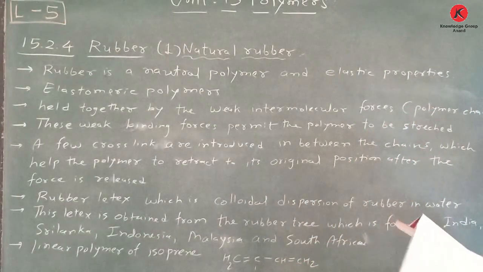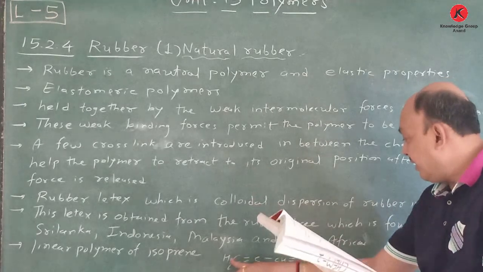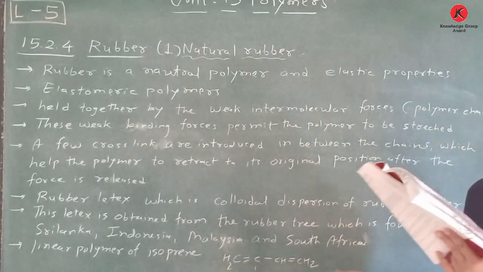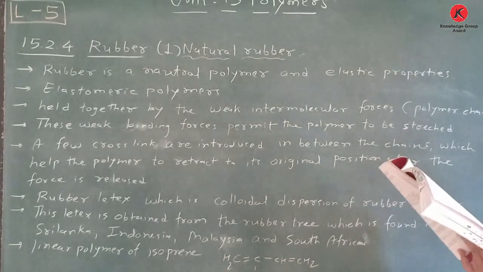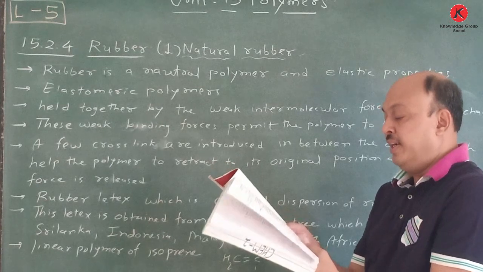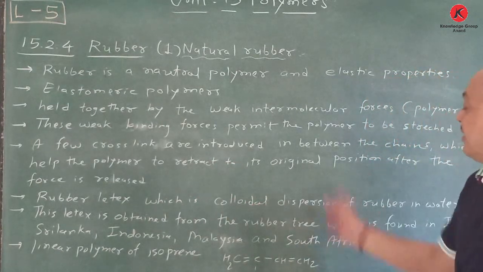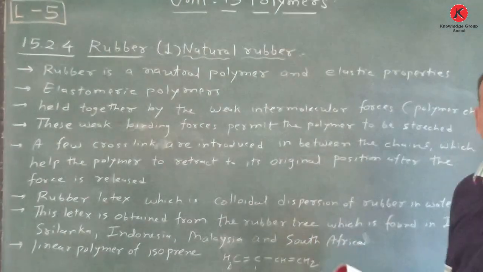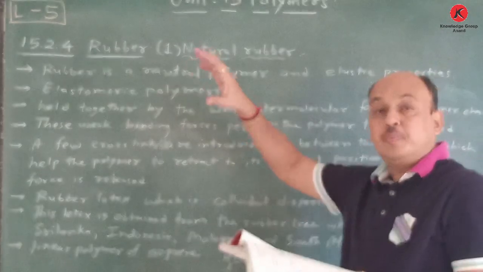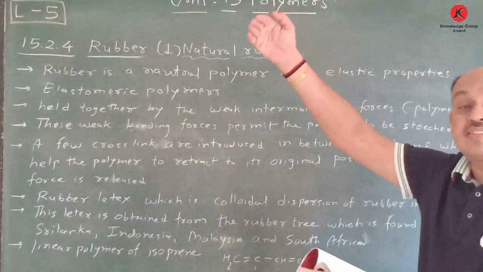This is 2-methylbuta-1,3-diene, and it is also called cis-1,4-polyisoprene. Let us draw the structure. What is the meaning of cis structure? Whatever the part or molecule is, it lies on only one side of the double bond.